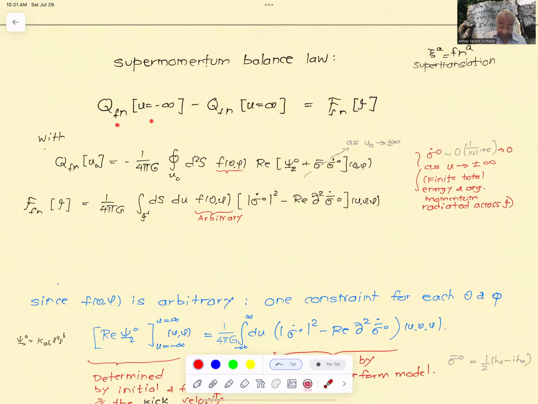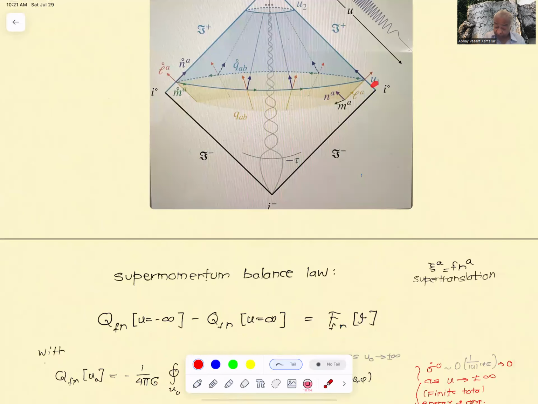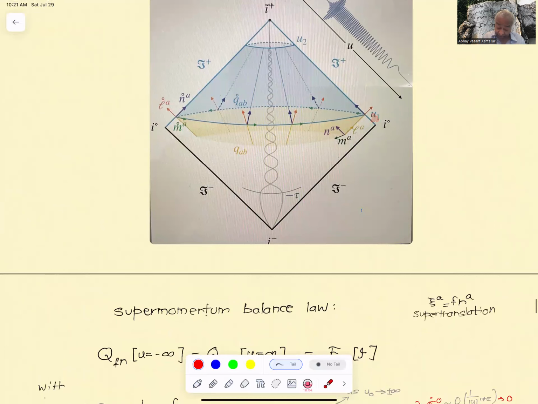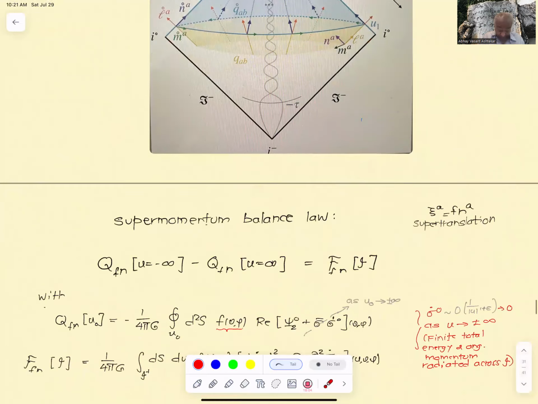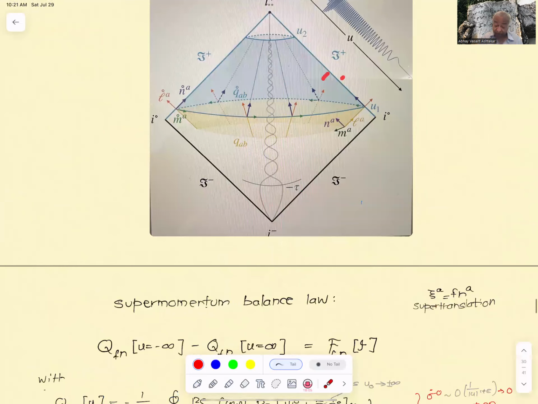I'm looking at the total balance law: the charge at u equal to minus infinity, the charge at plus infinity, and the difference is equal to the flux across all of Scri. People have also looked at finite regions of Scri, and they use that. I'll mention that in a minute.